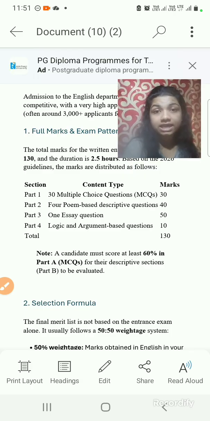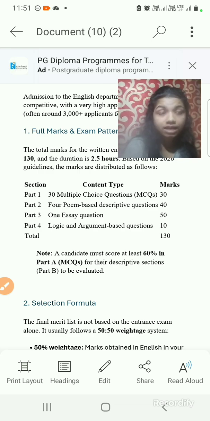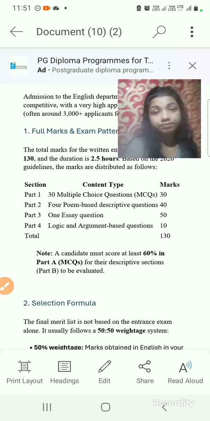Don't panic just knowing that 3000 people will be applying. When just 50 would be admitted, you do not need to think that way. You may have that level of understanding and critical thinking which they do not have.